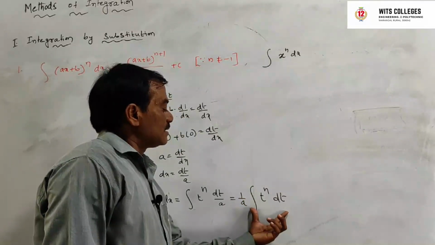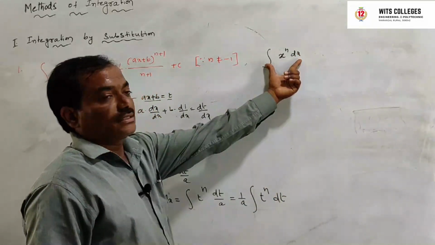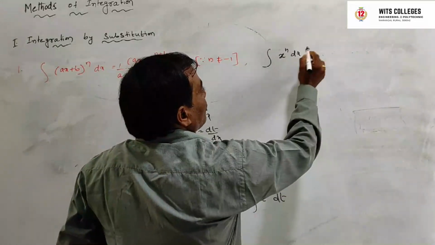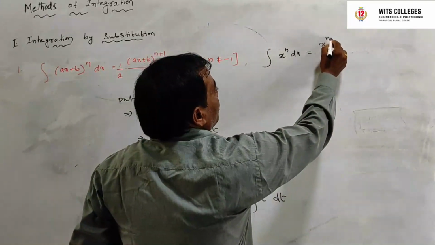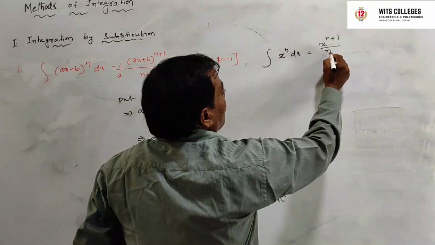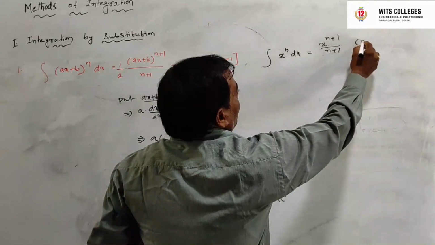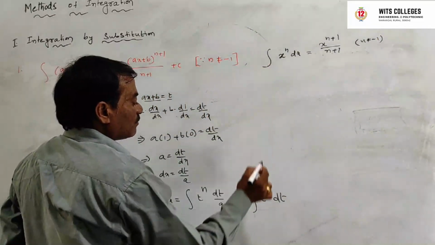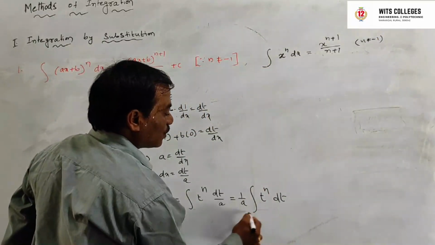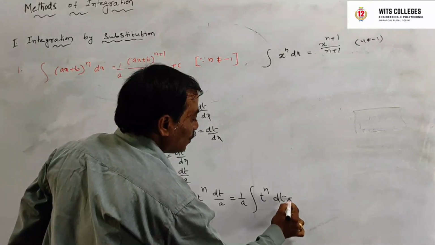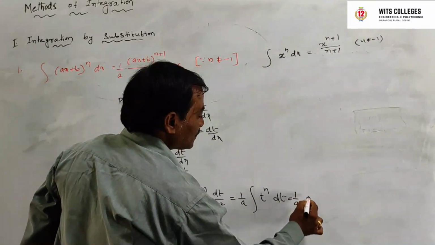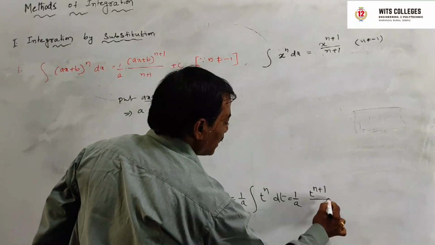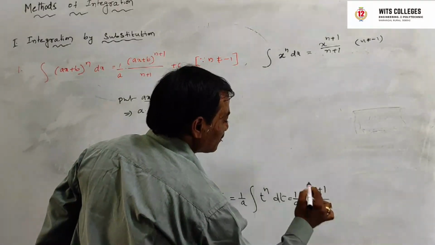Yes, this is in the form of the standard integration. Integral x to the power of n dx equals x to the power of n plus 1 by n plus 1, when n is not equal to minus 1. By using this standard formula, the integral value is 1 by a times t to the power of n plus 1 by n plus 1.